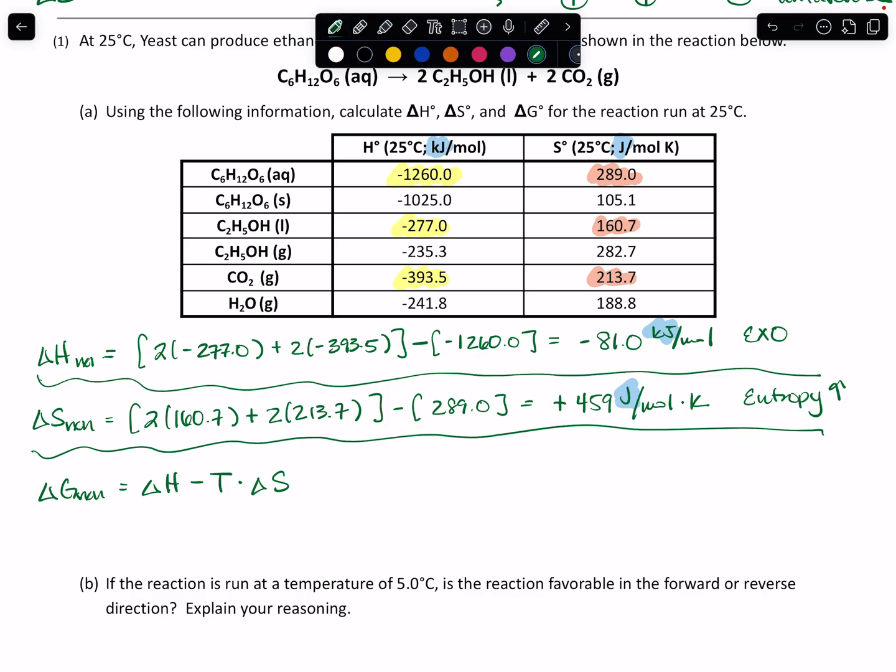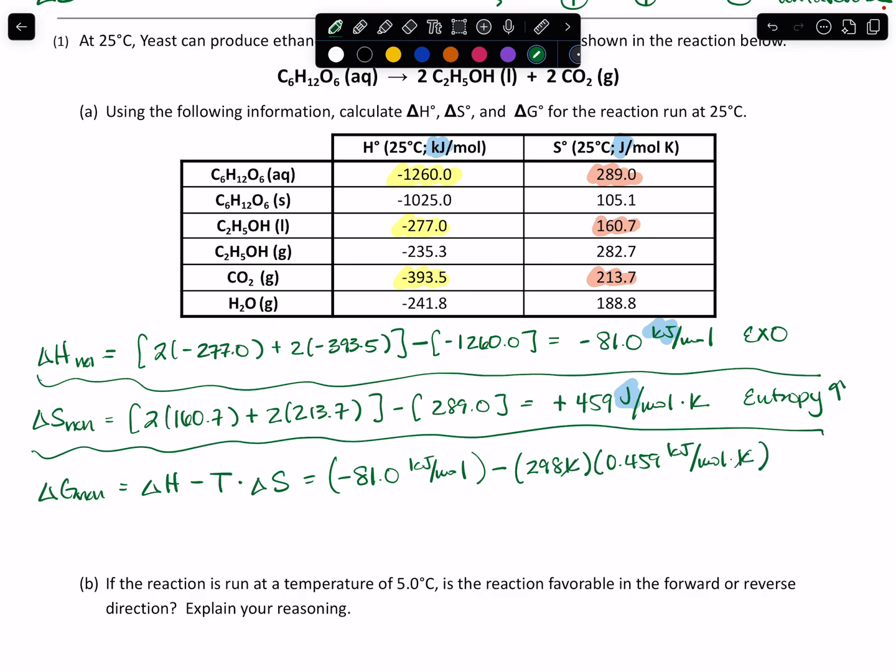So what does that mean for my calculation? I'm going to have negative 81.0 kilojoules per mole for my change in enthalpy minus T. Now, if you look at your unit for entropy, it's joules per mole Kelvin. So the temperature needs to be in Kelvin. 25 degrees Celsius is 298 Kelvin. And then 459 joules is 0.459 kilojoules, and that'll be per mole Kelvin.